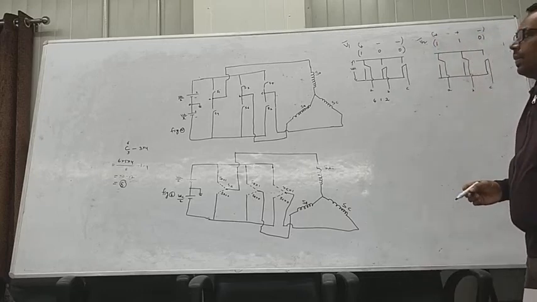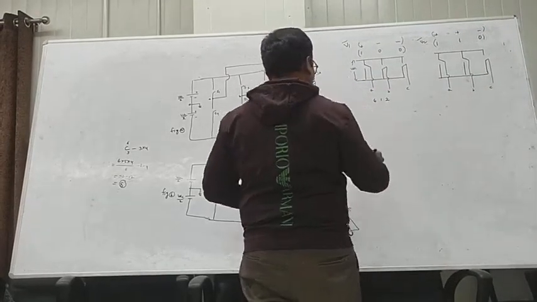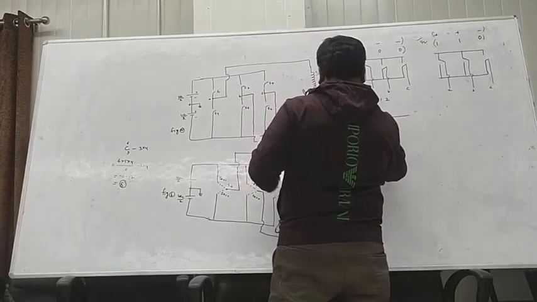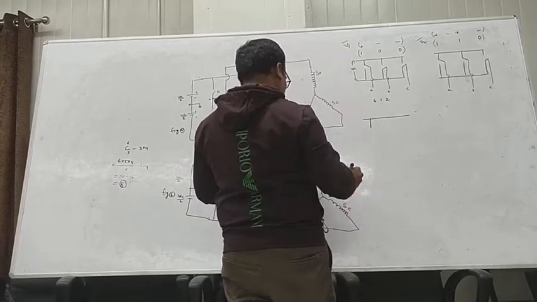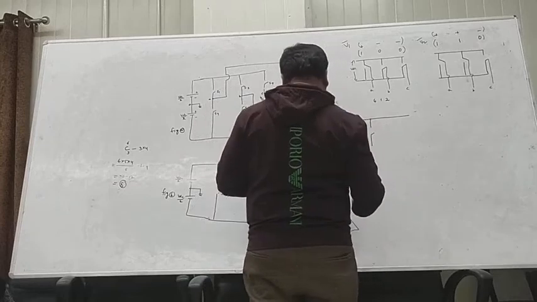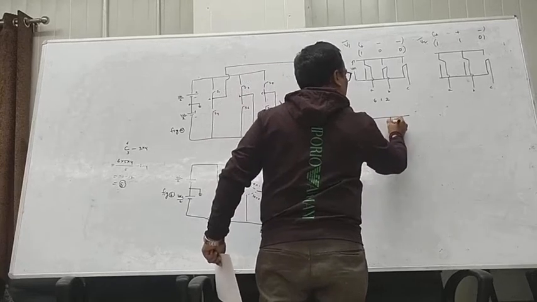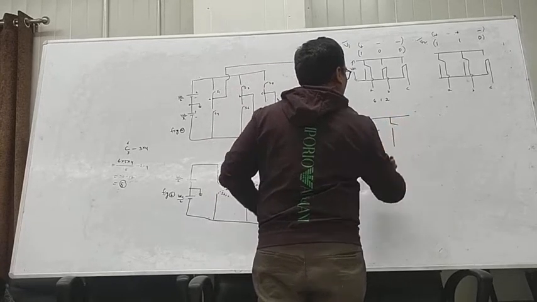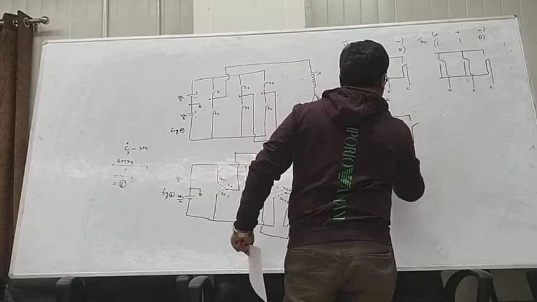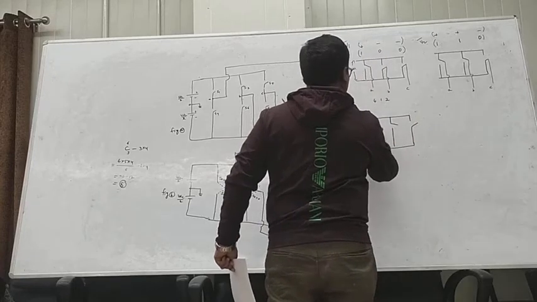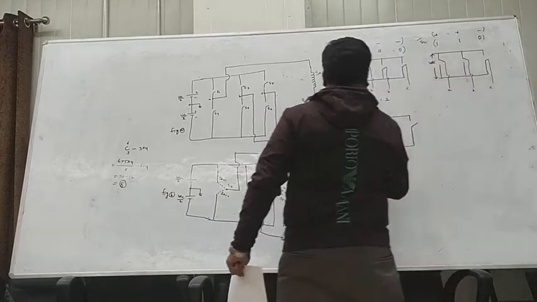Now the third switching state. The bottom switch S4 is connected, S3 is connected, and S2 is connected, with VDC here also.